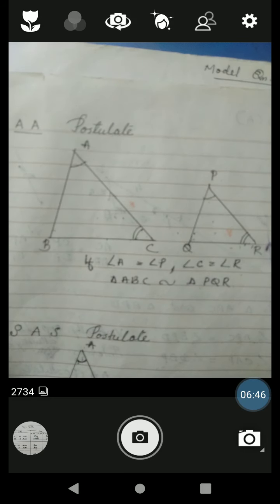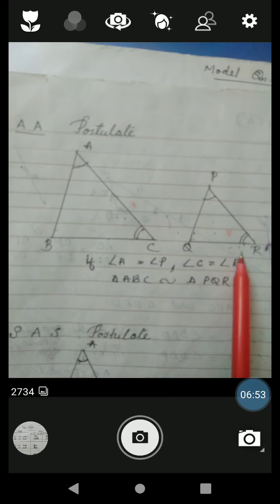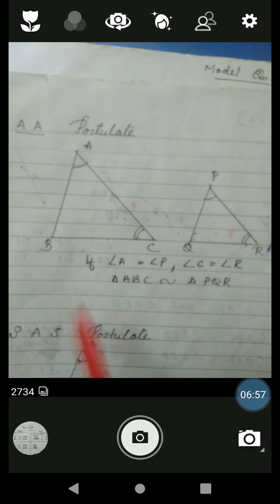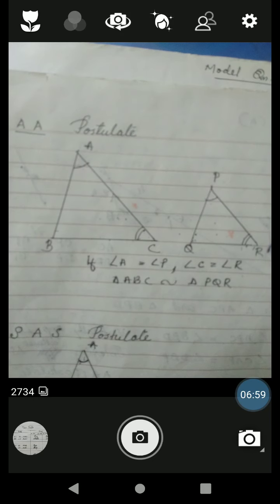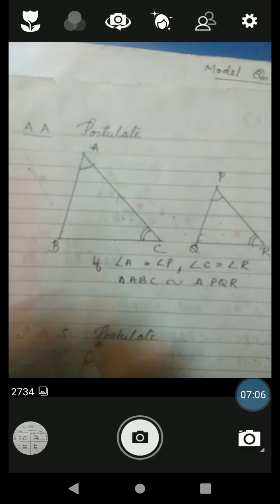AA postulate: if one angle of a triangle is equal to any angle of the other triangle. Once again I will repeat, AA postulate.